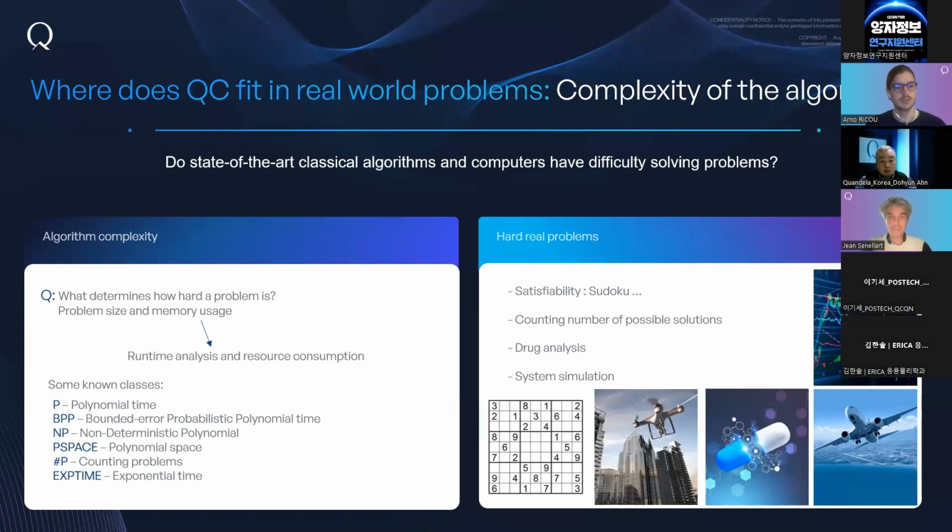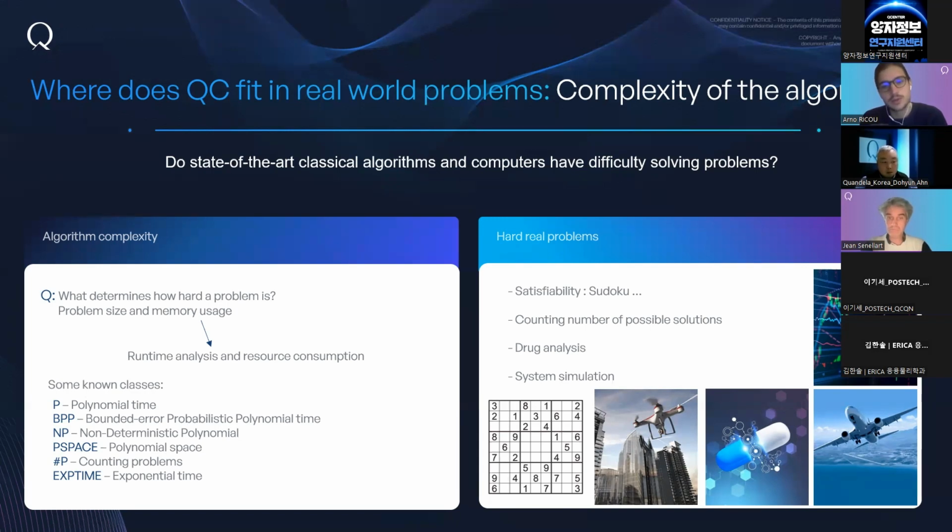Then we have counting problems, related to the P class, and we also have problems that we know cannot be solved in exponential terms. So again, really hard problems. And for these classes we have known problems for each of them. For instance, tackling a general case Sudoku, when the size of the instance increases, is NP hard.